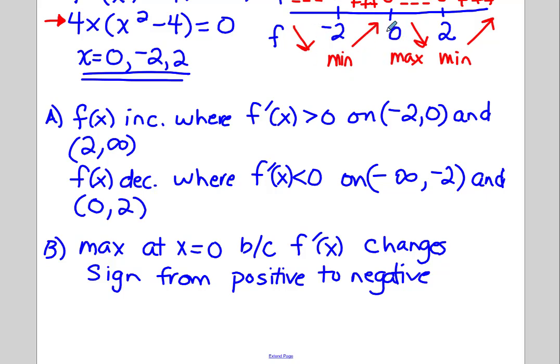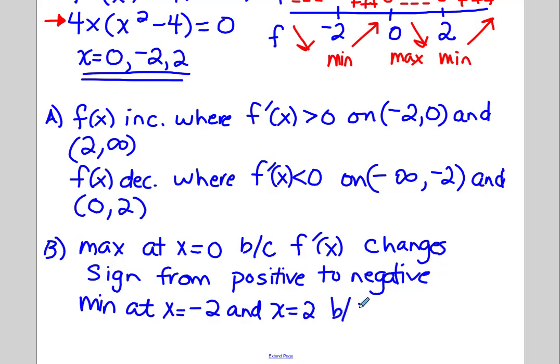Then we got 2 minimums at -2 and +2. So we have 2 relative minimums, and those are at -2 and at +2.